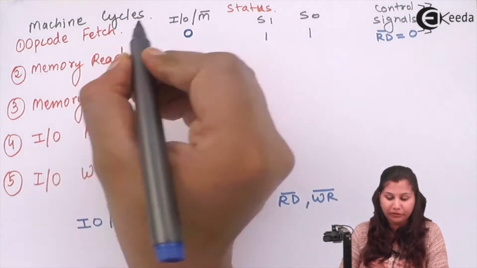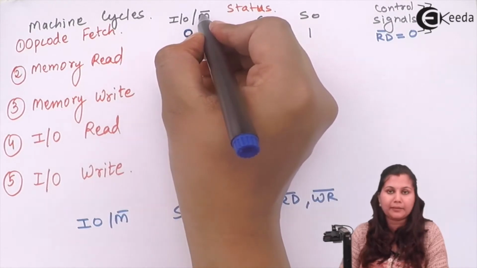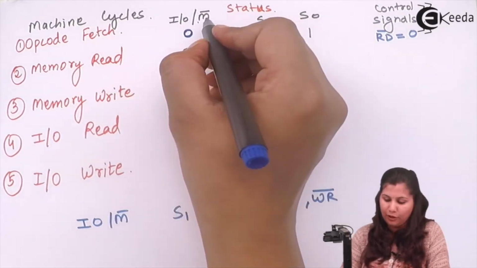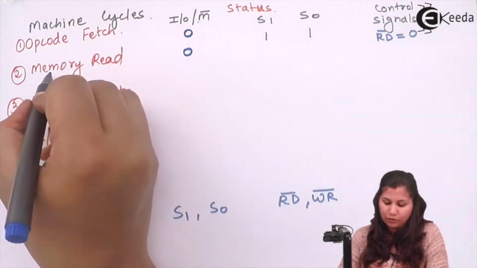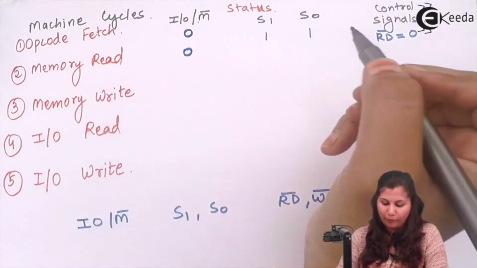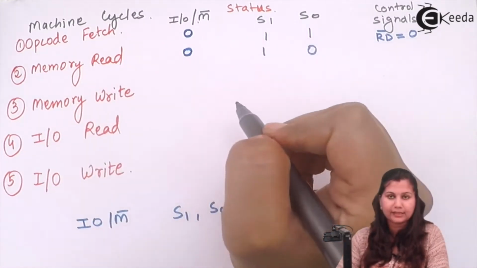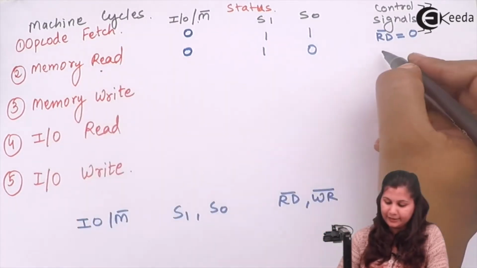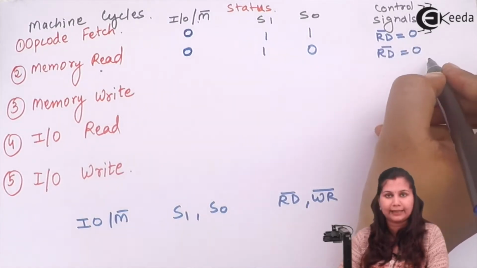Now for memory read, this should be 0, because M bar means it's an active low signal and IO is an active high signal. So active low means its value is 0, so it will be a memory read operation. And S1 and S0 will be 1 and 0. S0 should be 0 and S1 should be 1, and it is a read operation, so the RD bar signal is 0, it is active.